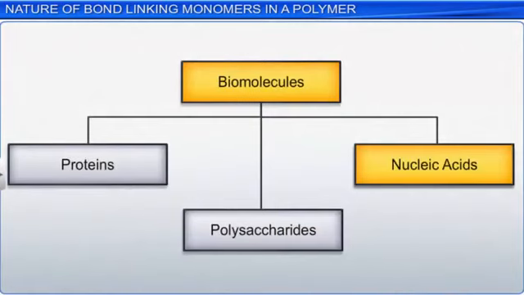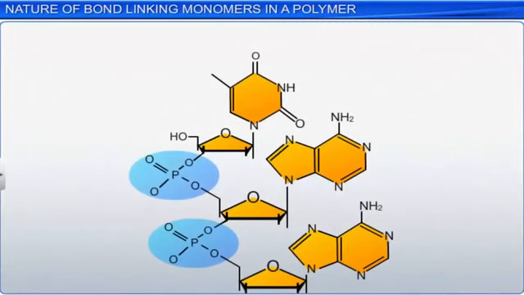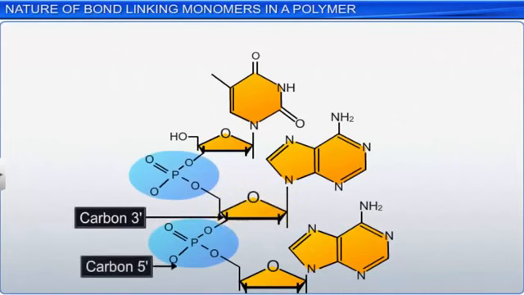Here, the 3' carbon atoms of one sugar of a nucleotide are linked to the 5' carbon atoms of the sugar of the succeeding nucleotide by a phosphate moiety. The phosphate and hydroxyl groups of sugar join to form an ester bond.